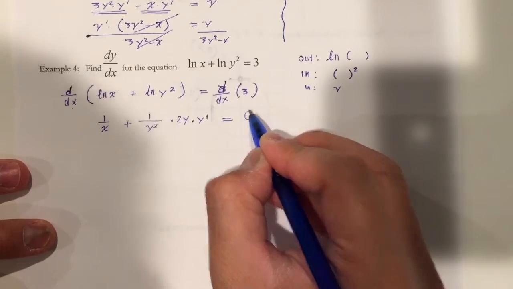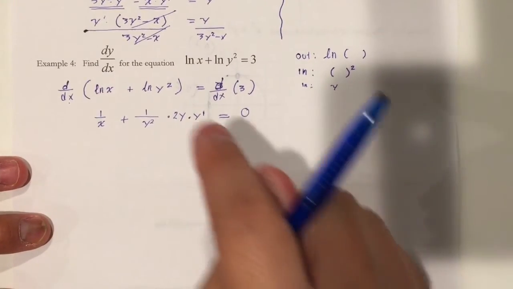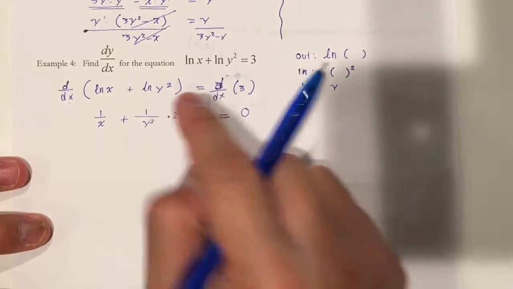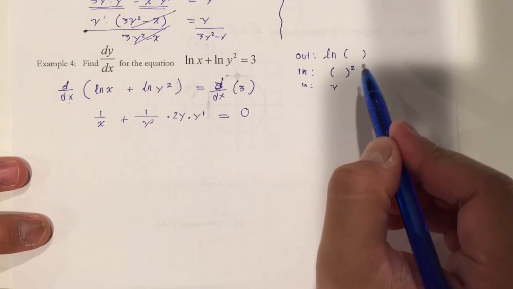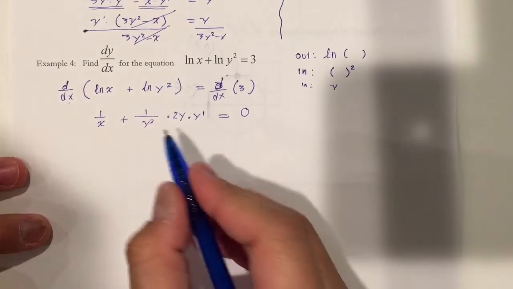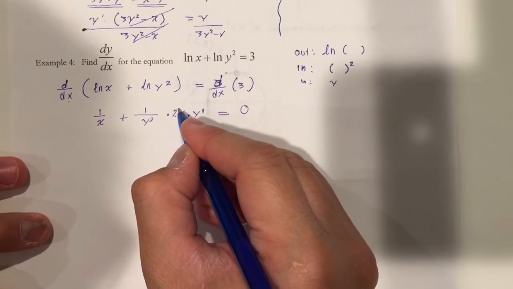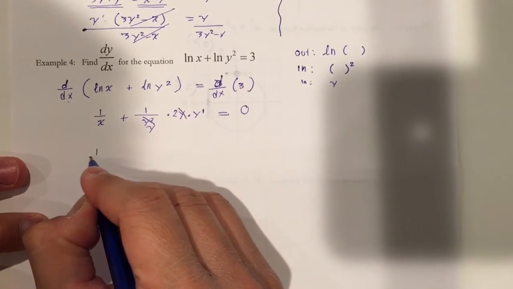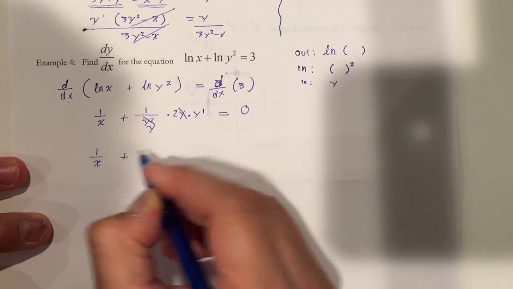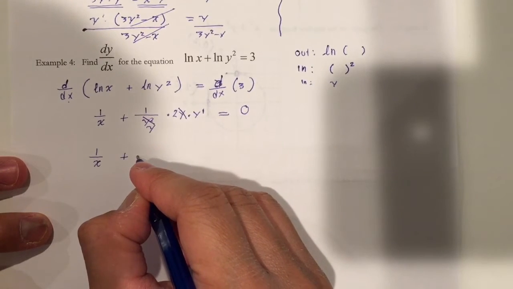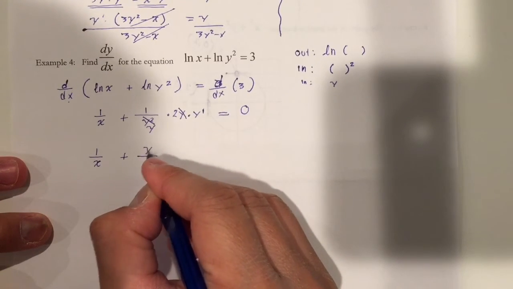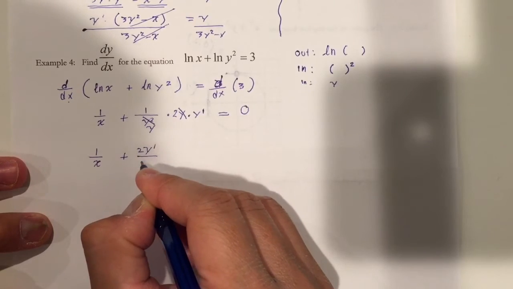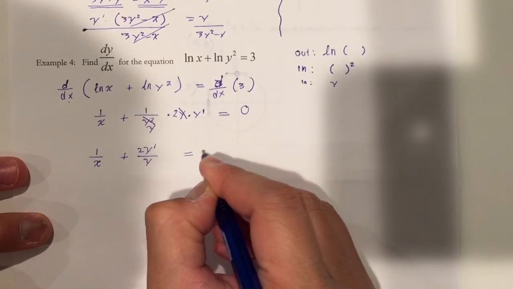And then over here we know that that's 0. That might not be easy, so take your time and break it up into the chain rule properly. I can cancel that out with one of those. So here's what I have left: 2y prime over y plus 1 over x equals 0.